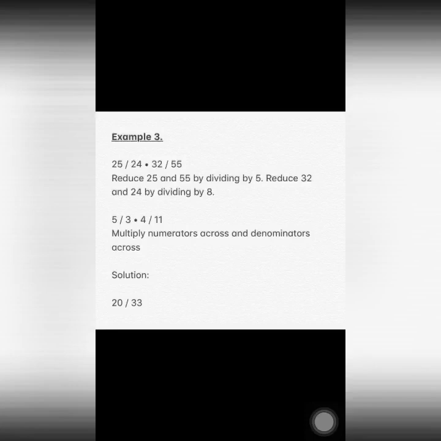Reduce 25 and 55 by dividing by 5. Reduce 32 and 24 by dividing by 8. So 5 over 3 times 4 over 11. Multiply numerators across and denominators across. So the solution is 20 over 33.